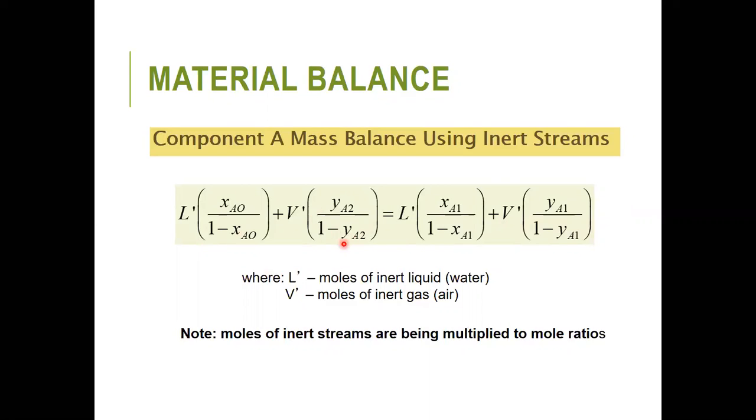So if you have a two-component system, this must be referring to YB2. This one is for XB1, and this one is for YB1. So what you're multiplying to the inert stream's value is the mole ratio, not the mole fraction, if you're using this component balance using inert streams.